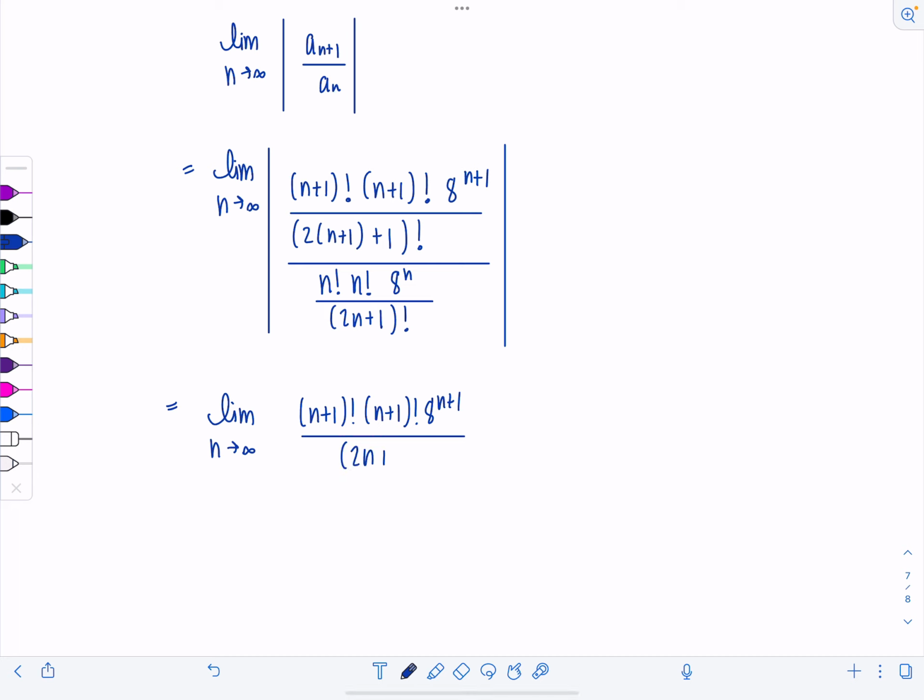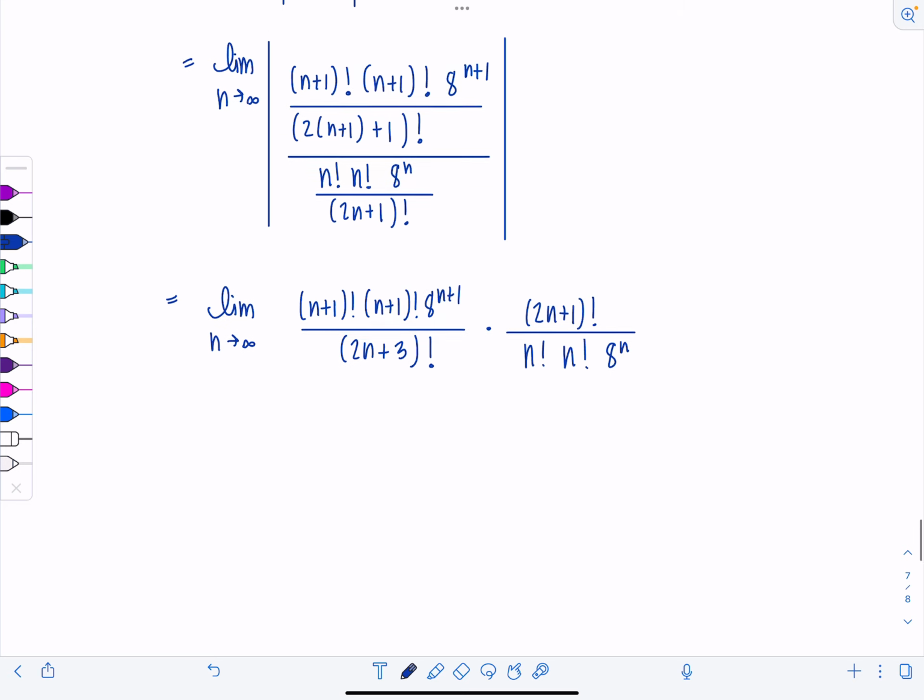So that's (2n+3) factorial. Divided by, so now I'm going to multiply by the reciprocal, we're going to have (2n+1) factorial over n factorial 8 to the n.